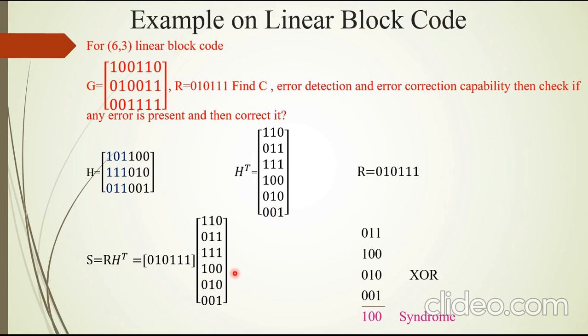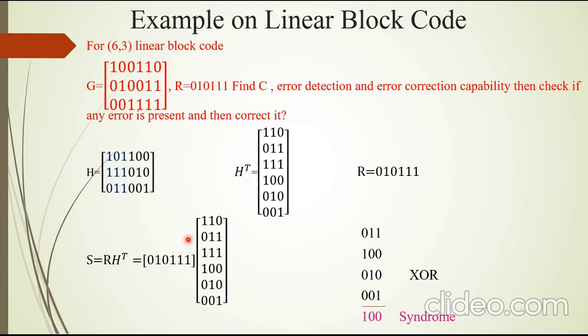If I do the matrix multiplication, it will be a long process. So I have a simplified formula. Here 1 is at the 2nd, 4th, 5th and 6th position.